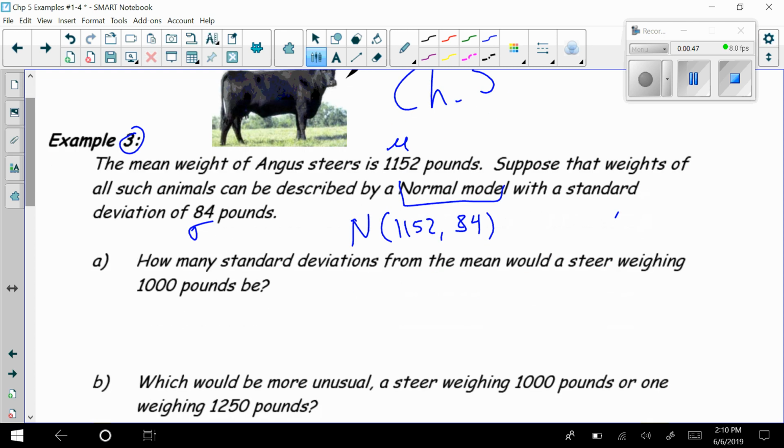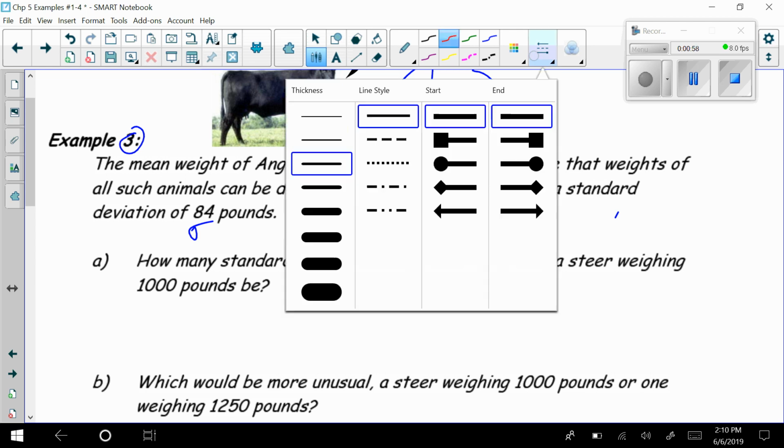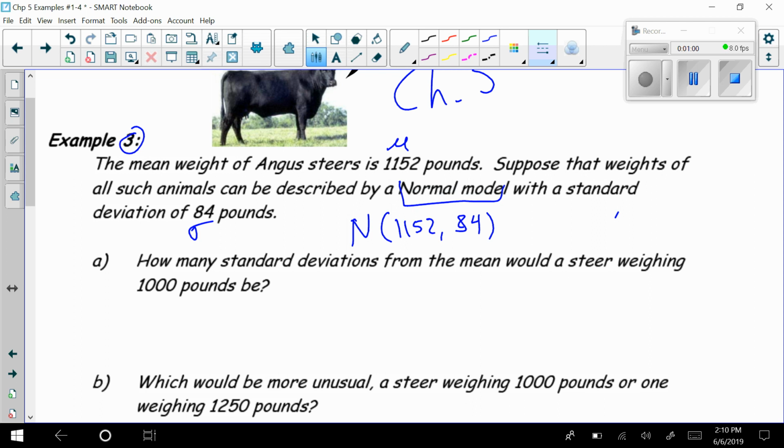Part A: how many standard deviations from the mean would a steer weighing 1,000 pounds be? As you should have guessed by now, you need to state somewhere in the problem your method for calculating how many standard deviations above the mean something is, which of course is a z-score.